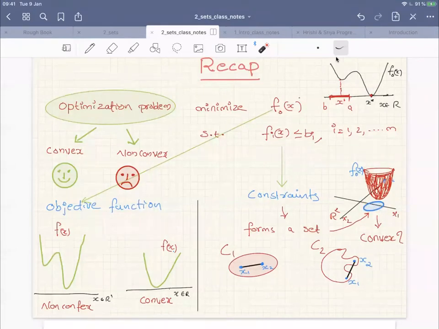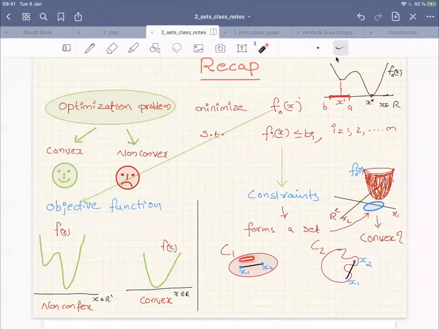Now the question is, how do you know whether the constraint set is convex or not? Last class we just said that if you have a set of this shape, it is convex, but this is not convex. We didn't go into detail. We said that to know whether the set is convex, take 2 points in the set and draw a line connecting those points. If the line lies within the set, that is convex.